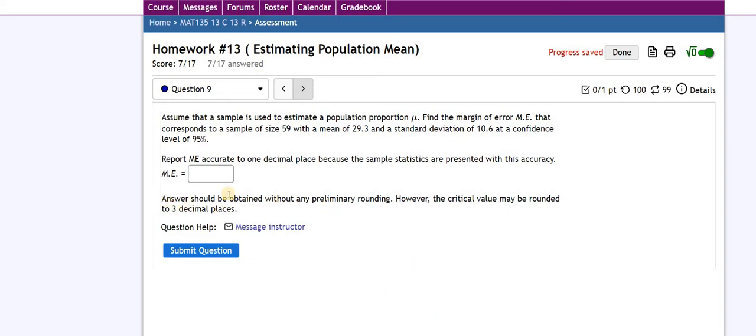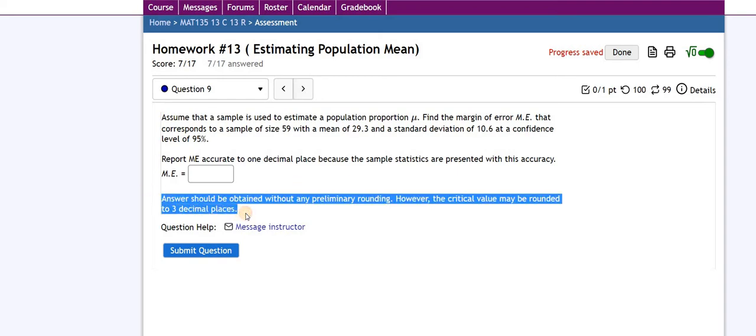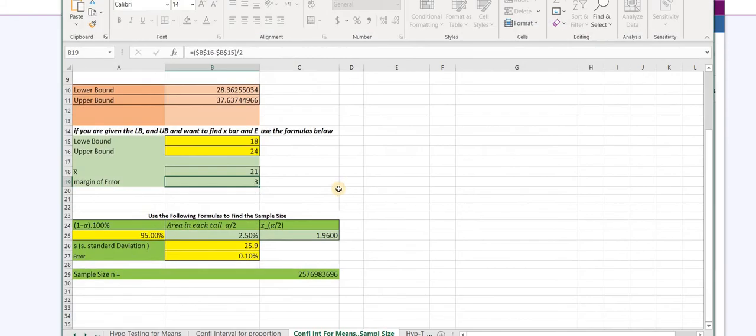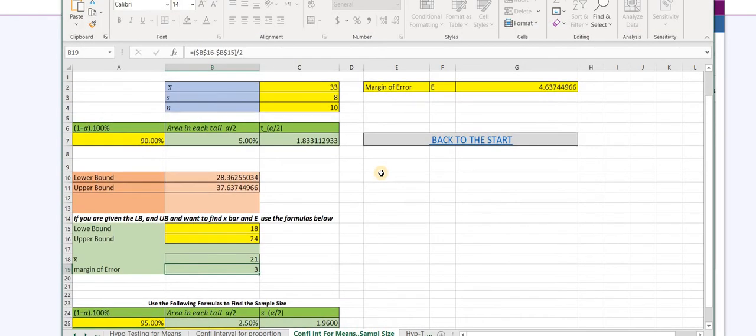It says here, don't round too early. Since we're not going to do this by hand, we don't really have to worry about these instructions. They're just for those who are doing the work by hand.